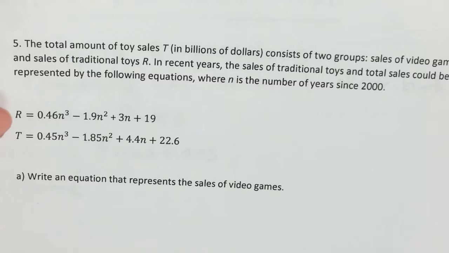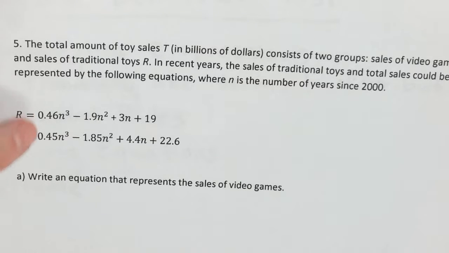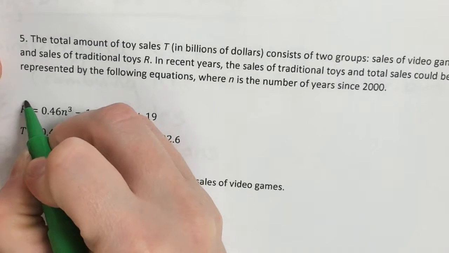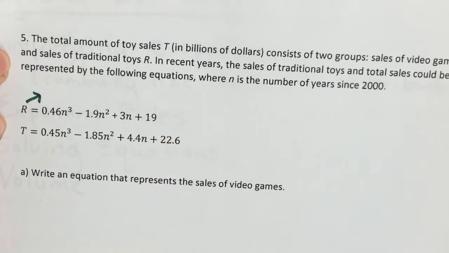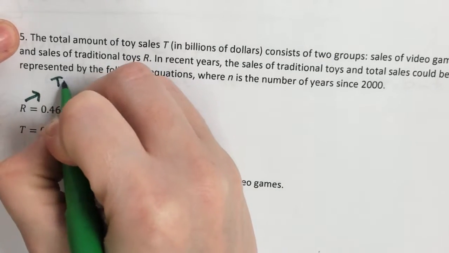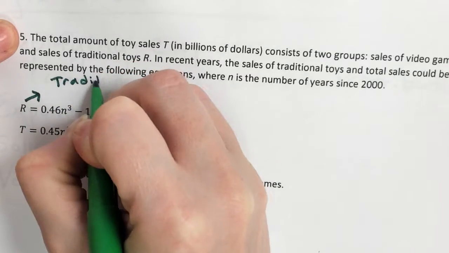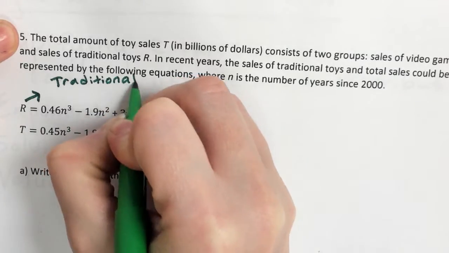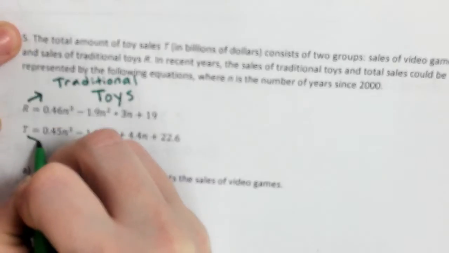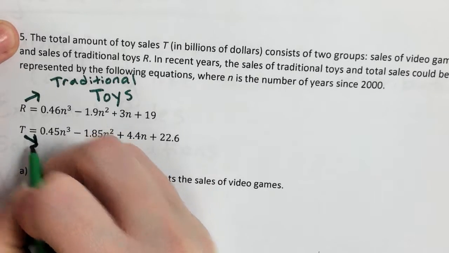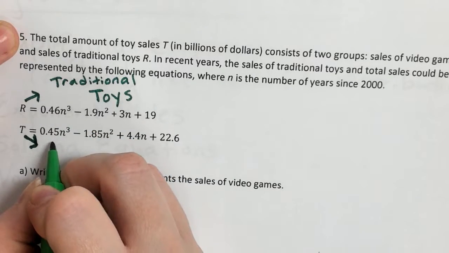Okay, so we have these 2 expressions, and they represent something. What does R represent? The sales of traditional toys. Traditional toy sales, yes. Okay, so then we have T, the total amount of toy sales in billions of dollars.